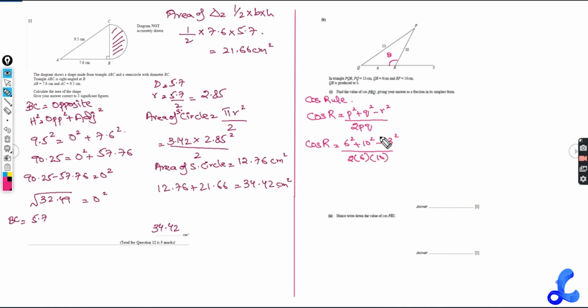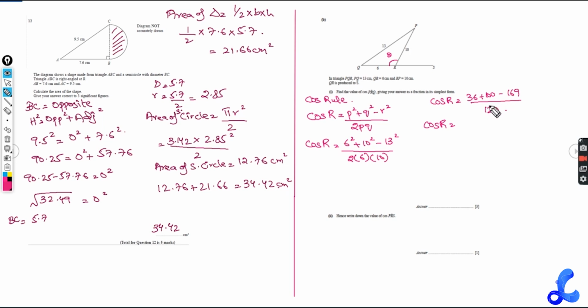When we do this, we get cos R equals to 36 plus 100 minus 169 divided by 2 times 6 times 10, which is 120. And when we solve this, we get 33 over 120 for cos R. The answer will be coming in negative, obviously.